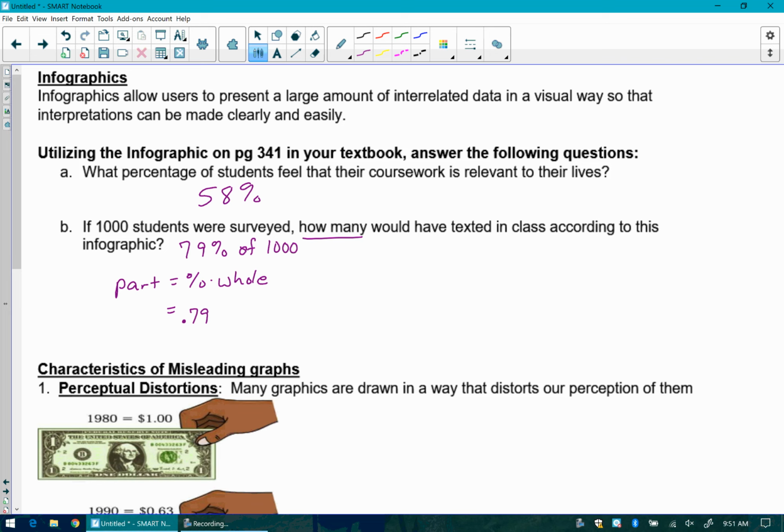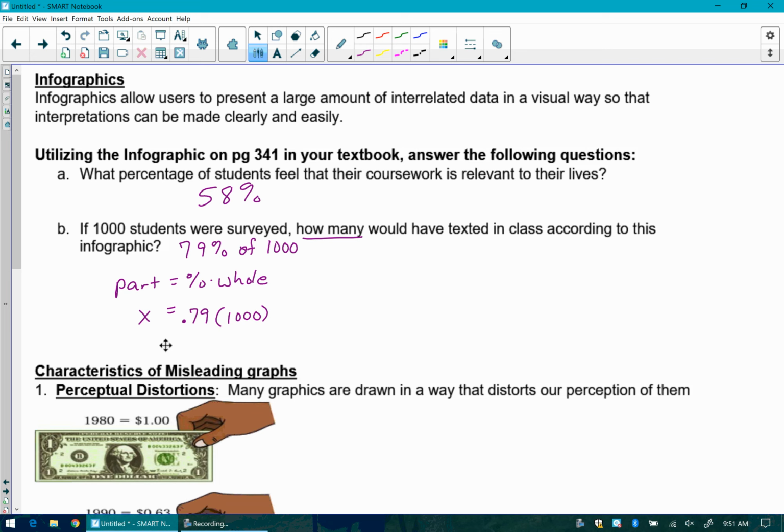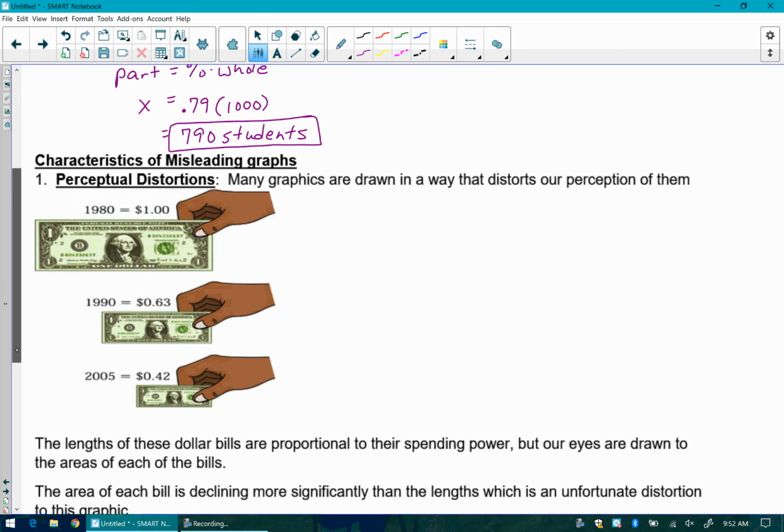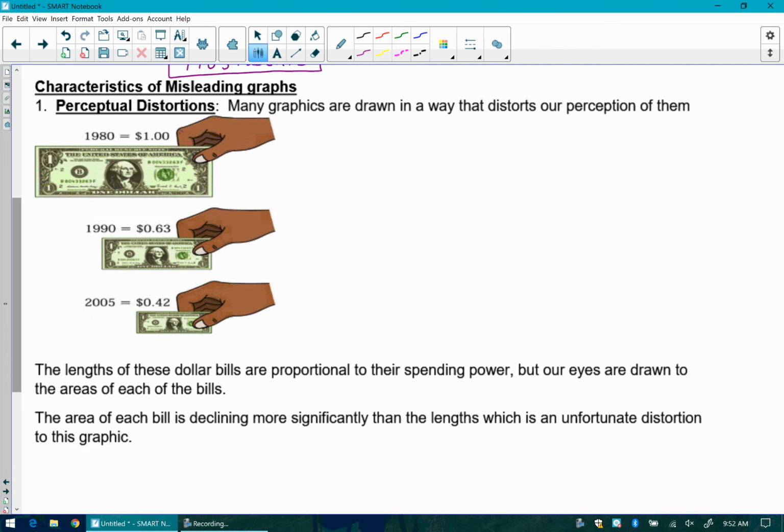That 1,000 students, that's our total number of students, so we're going to put that in the whole spot, and we don't know what part. And then from this point, you can just throw that in your calculator. 0.79 times 1,000 will give you 790. So 790 students out of that 1,000 would have said that they had texted during class while in college, for example.